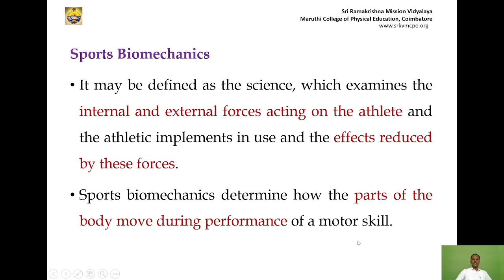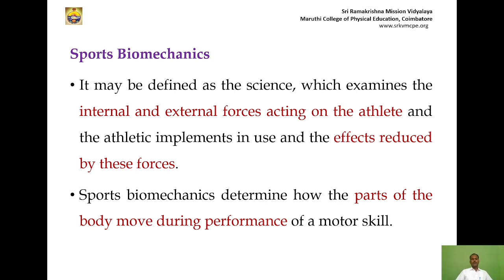In sports biomechanics, when you are doing different types of movements, how are our body parts moving, whether it is an advantageous or disadvantageous move, whether it is affected by air resistance, or water resistance, or by the nature of our movement, or by our locomotor movement. Everything we will discuss under the title of sports biomechanics.